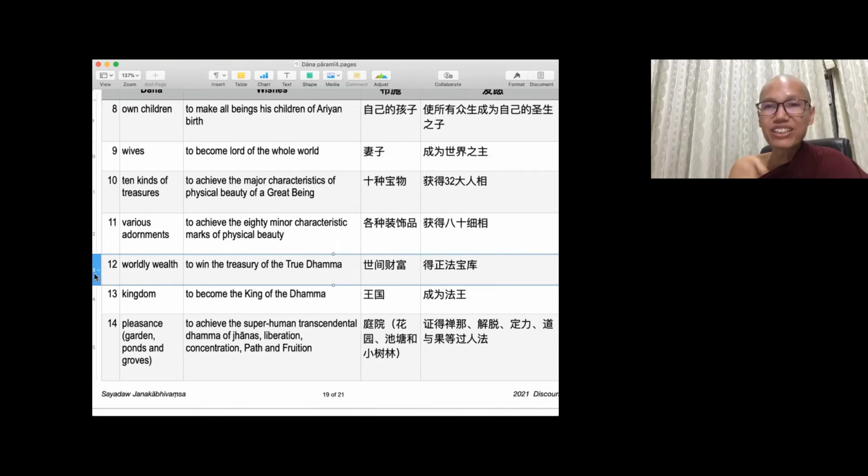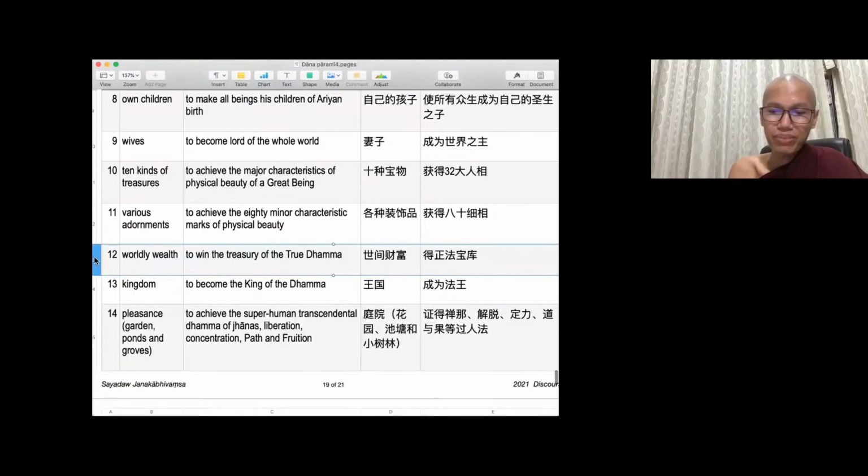So, various adornments, okay, correct. Various adornments is to achieve the 80 minor characteristic marks. Next one, number 12, Waterly wealth, to win the treasury of the true Dharma. We say Dhamma Ratana Bhandha, to win the treasury of the true Dharma.